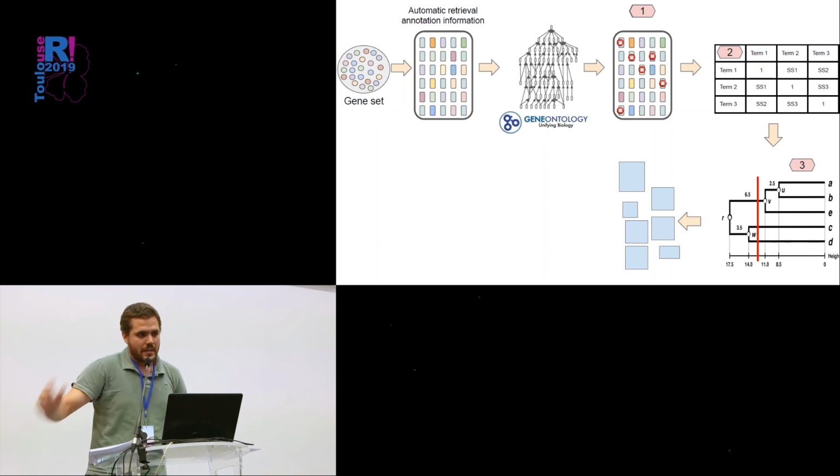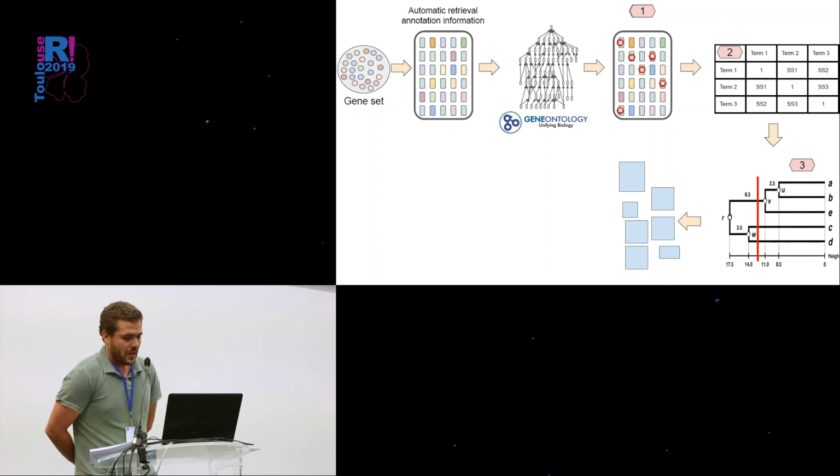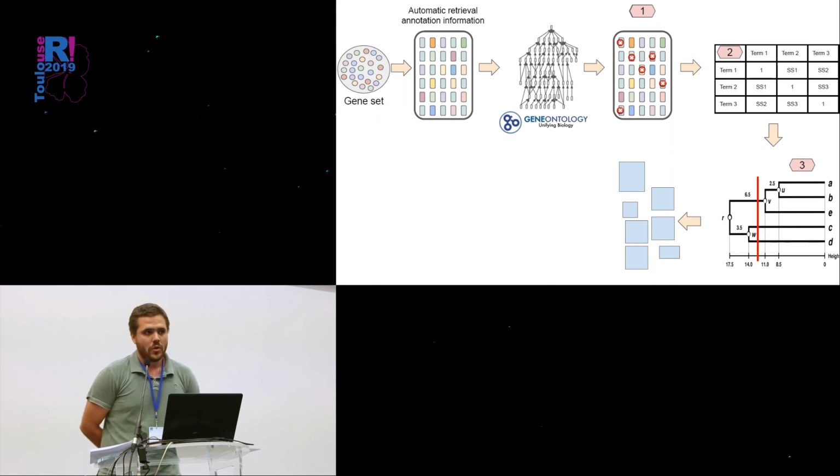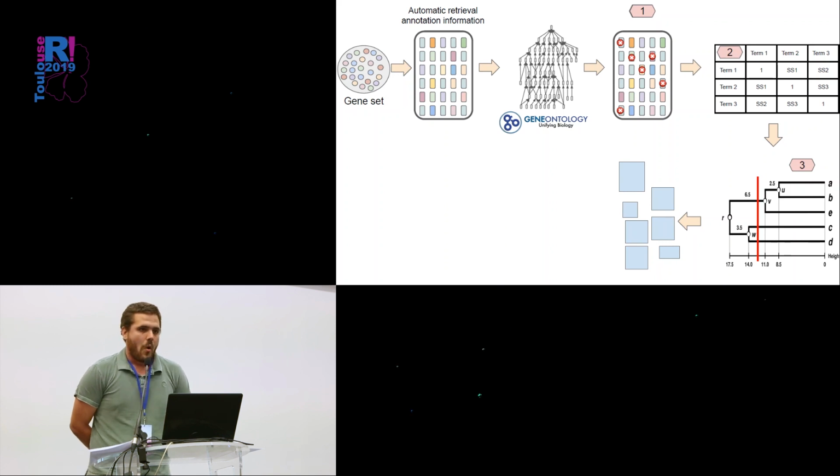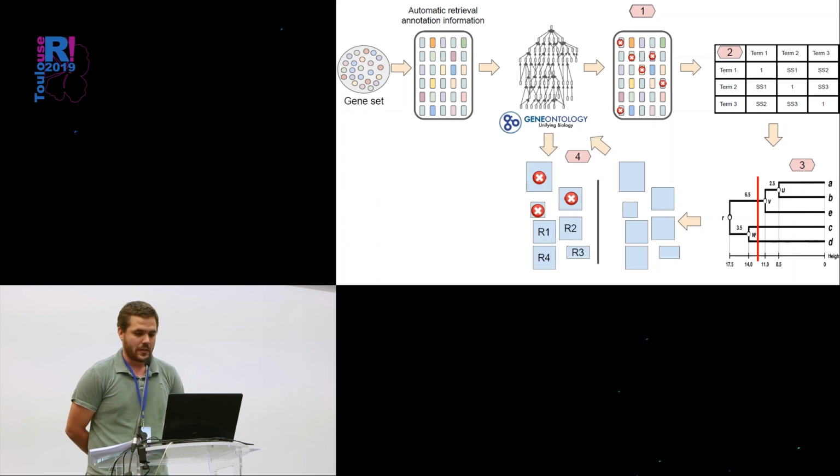And then by using a score to obtain the optimal number of clusters, we have the clusters of similar terms. Then for each cluster, we re-explore the Gene Ontology in order to provide one or a few representative terms for each cluster. And then we have a list of representative terms.